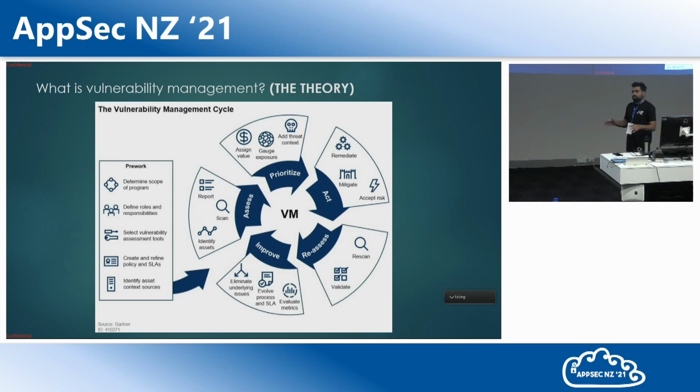Now, let's get straight to the point. What is vulnerability management? In theory, it's a cyclic process containing 5 important steps. In step 1, we define our scope.